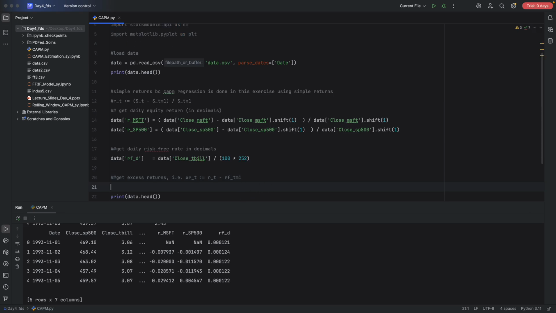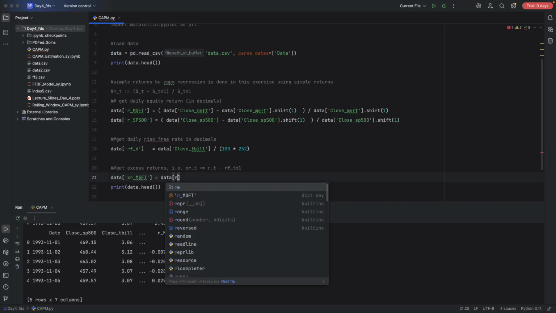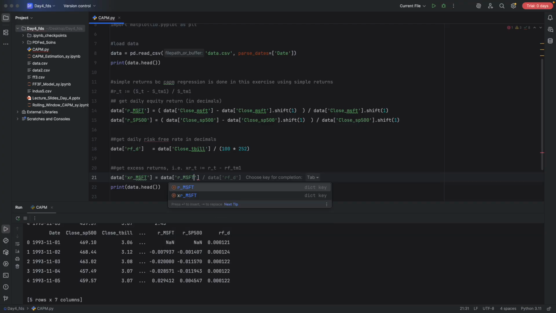Good. So I again just keep adding a column. I call it XR. The firm indices I had in capital letters when I constructed it myself. So here I have the Microsoft excess return, and that simply equals the return of Microsoft, and then I subtract from it the risk-free rate shifted by 1 unit. I called it RFD, and I shift also by 1 again for the same reasons as mentioned above.